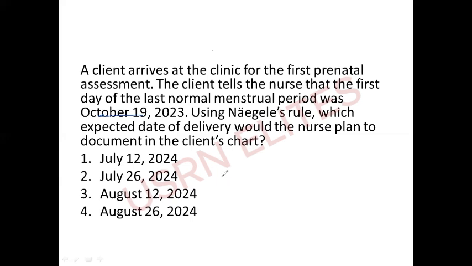Then 19 + 7 gives me 26. And since I deducted the 12, I have to add it to the year 2023, making it 2024. That's perfect. All right. Is there anyone still struggling to understand why we are arriving at July 26, 2024?